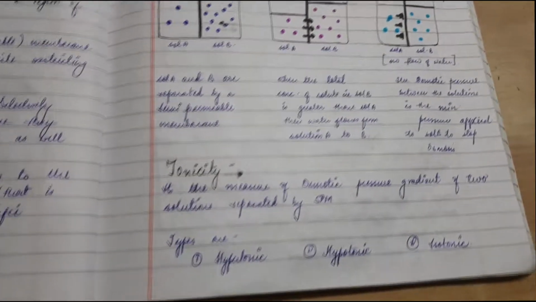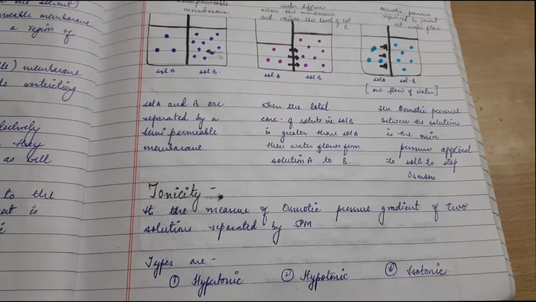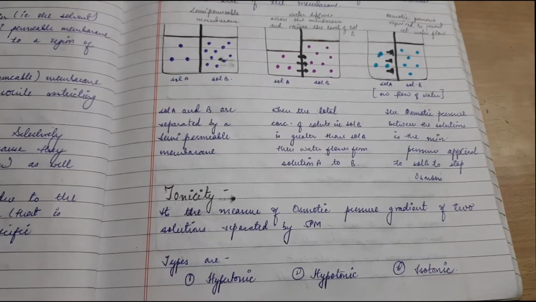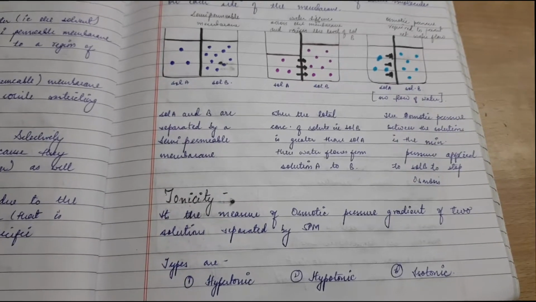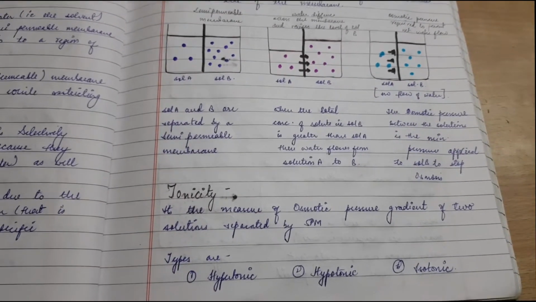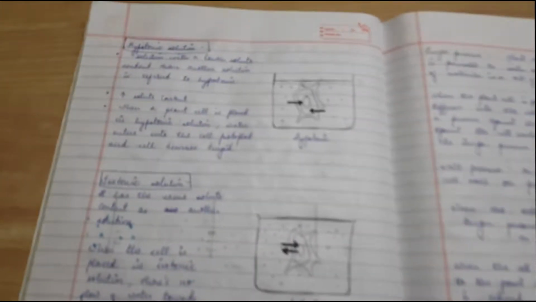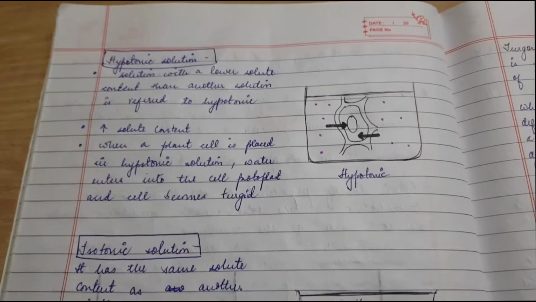Now, what is tonicity? Tonicity is also somehow same, because it is also a measure of osmotic pressure gradient of 2 solutions separated by a semi-permeable membrane. There are 3 types: hypertonic, hypotonic and isotonic. In case of hypotonic में क्या होता है?